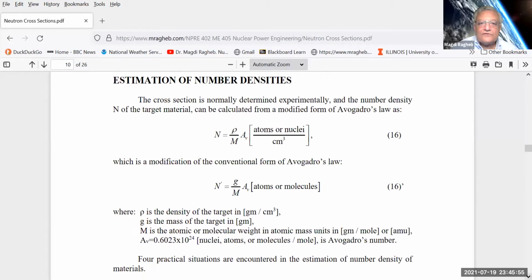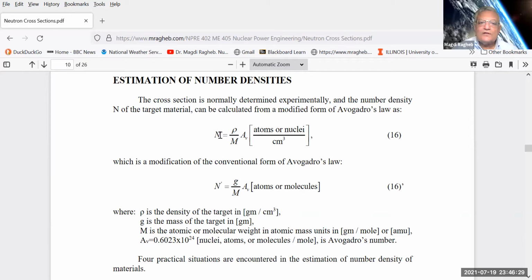The study of those cross sections is important in the sense that different properties can be used to produce different designs and different effects, whether it's fission or fusion. It's very important in the equation that we wrote for the reaction rate density to calculate the number density of nuclei in not just a single substance, like calcium or sodium.